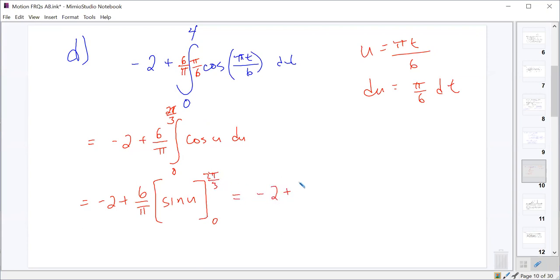That gives us negative 2 plus 6 over pi times sine of 2 pi over 3, which is root 3 over 2, minus 0. So our position at t equals 4 is negative 2 plus the 6 over the 2 will make a 3 root 3 over pi.